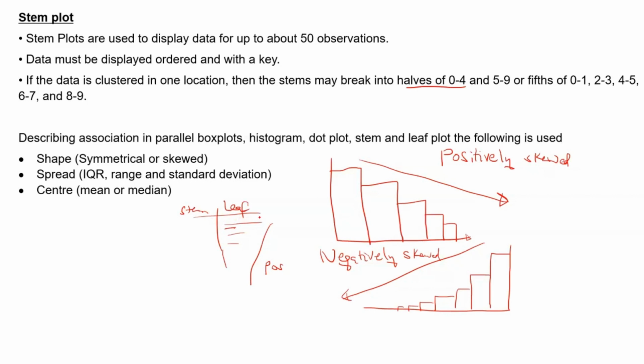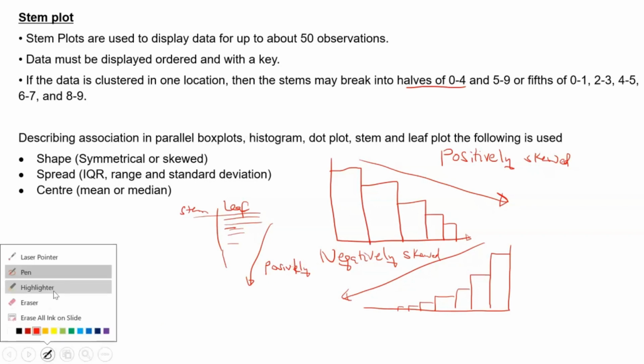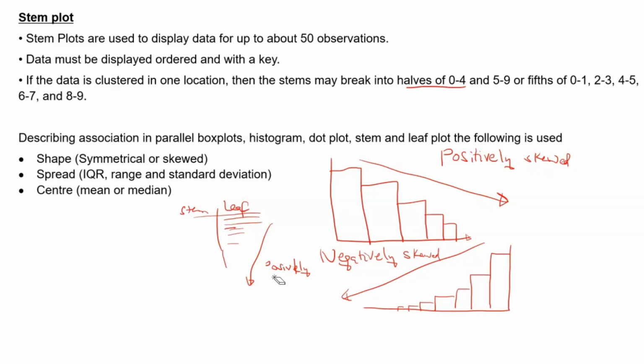Most of the values are at the top, trailing off this way, so that's positively skewed. And vice versa.